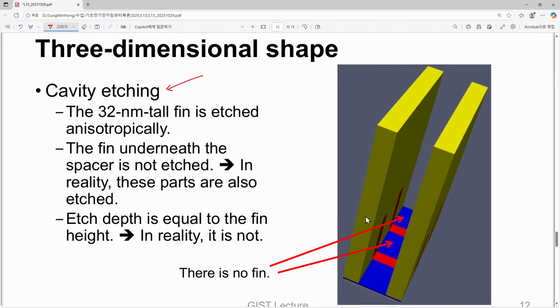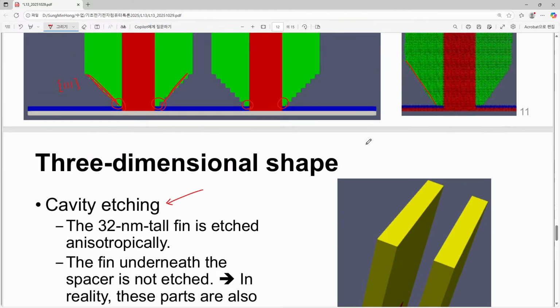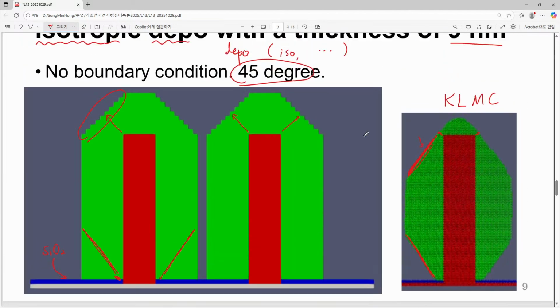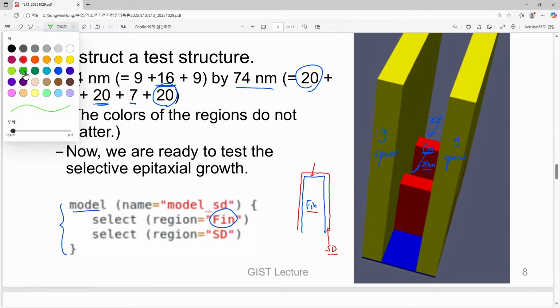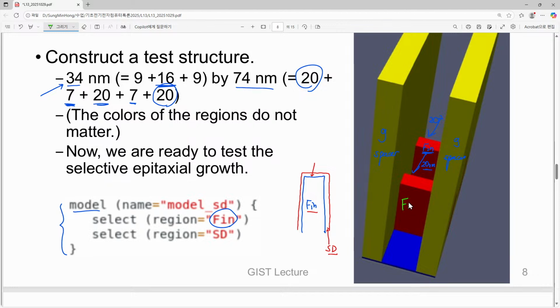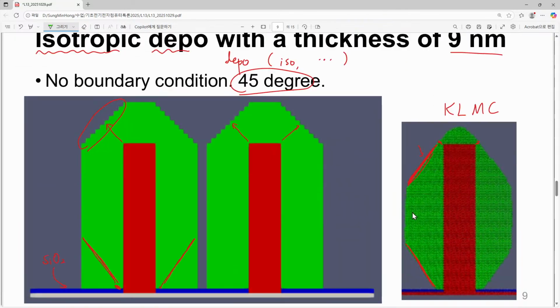Here we originally have fins. Where can you find the fin? Yes, now you can find the fins here. And the result we have shown up to now is just adding more silicon surrounding this fin. That was our result up to now.